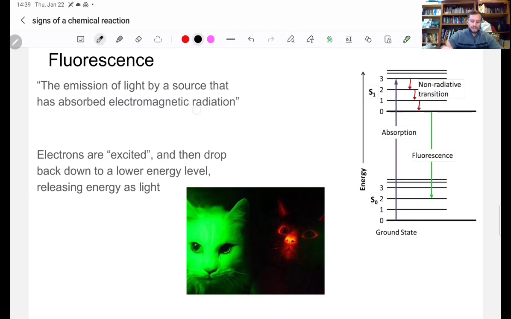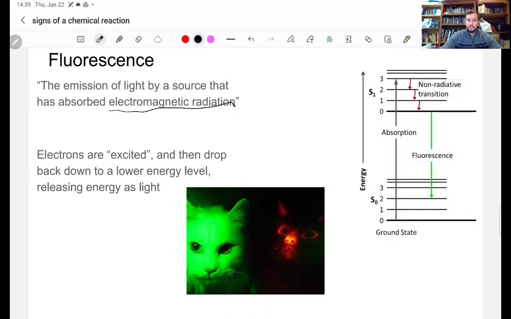Electromagnetic radiation is in light, like sunlight or other sources of that type of energy. Electrons are excited and then drop back down to a lower energy level, releasing energy as light. This is similar to when we did the lab where you had chemicals that you put under a fire.